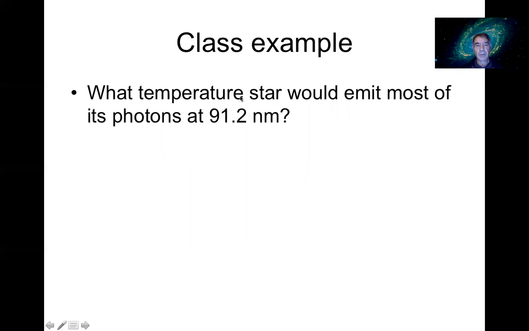What would be the effective temperature of a star that you would need in order to emit most of its photons at this wavelength corresponding to the ionization threshold of hydrogen, 91.2 nanometers? I think what you need to make a little estimate for that question, and we'll come back and look at that after the break and its implications.